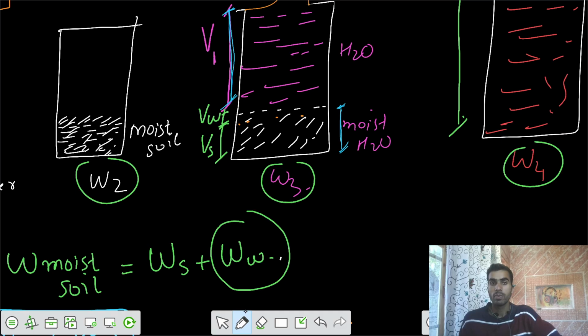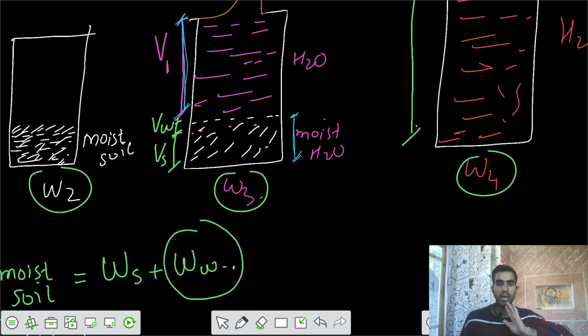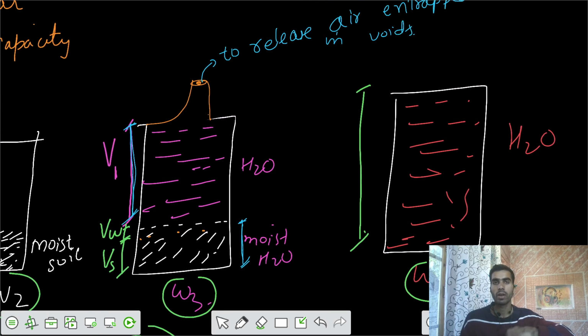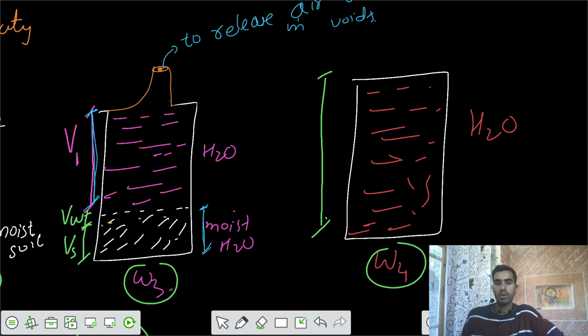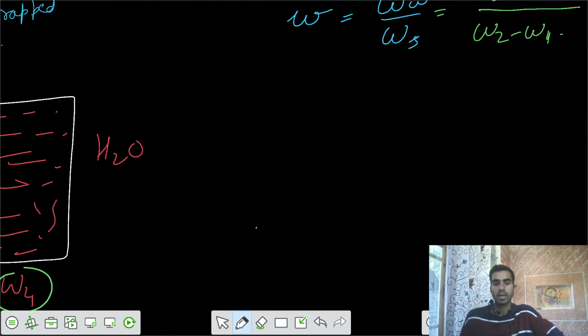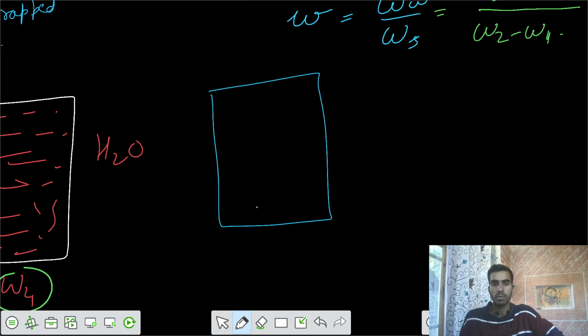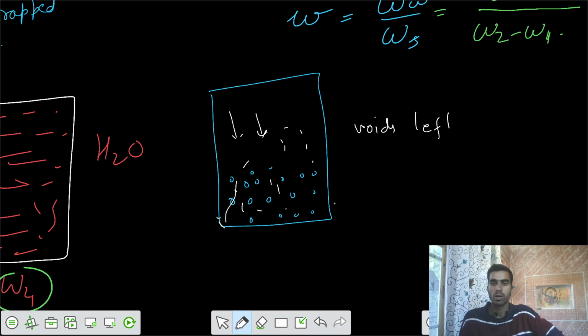And if the voids are not completely filled, there would be an error in the calculations. See how we are going to say it. Let's say there was only granular soil, let's think of sand only. Let's say these were your grains of sand. If you do not pour the water inside, there won't be any void left; void left is equal to zero.